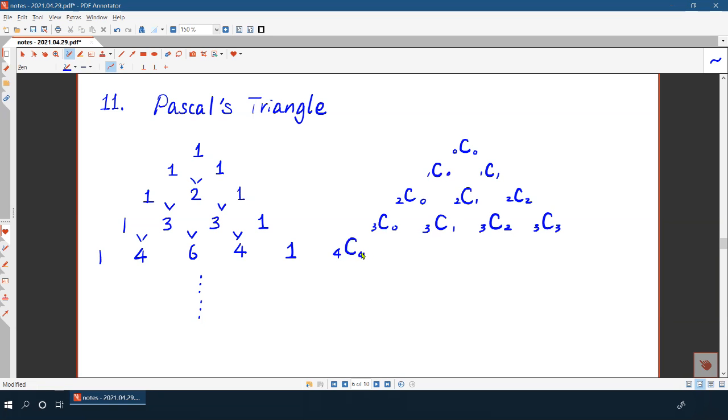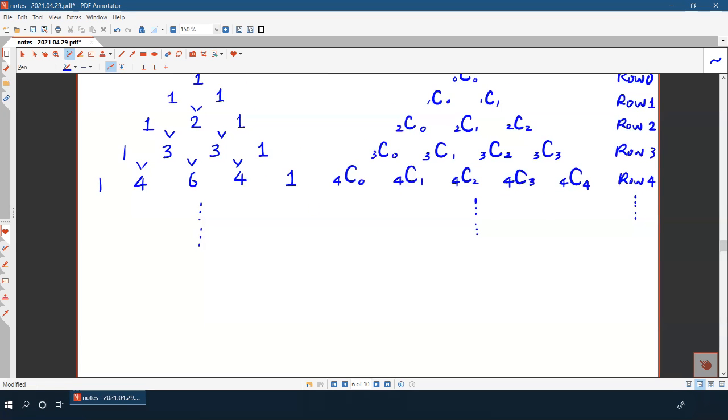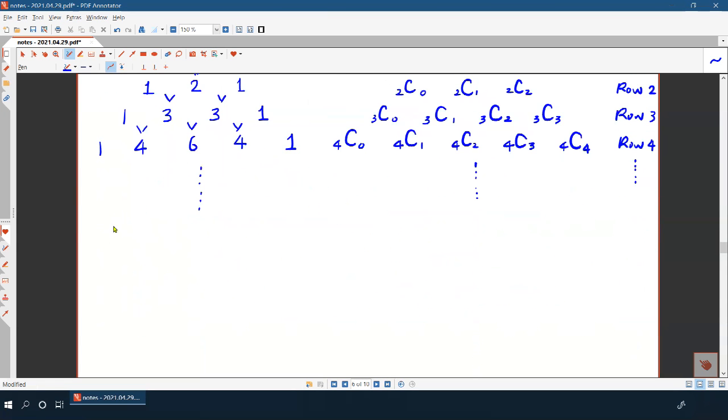Next we have C40, C41, C42, C43, and C44, right? Again, you can write indefinitely. So this is called row 0 and row 1, row 2, and row 3, row 4, dot, dot, dot. There are infinite rows, okay? This is called Pascal's triangle. Okay, next, we have learned the binomial formula.